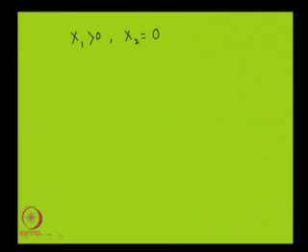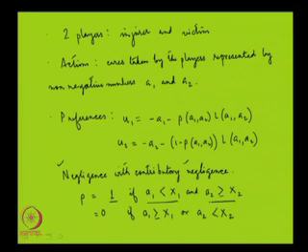For example, suppose x1 is greater than 0 and x2 is equal to 0. Now, in this case, if x2 is equal to 0, then this condition is never satisfied, this is always satisfied, because if you remember A1 and A2 are positive or 0.